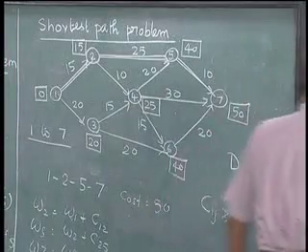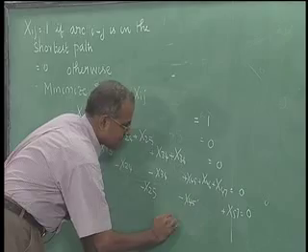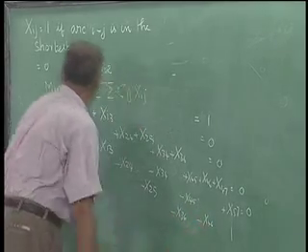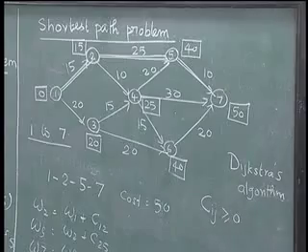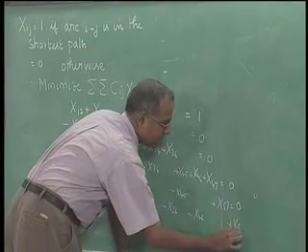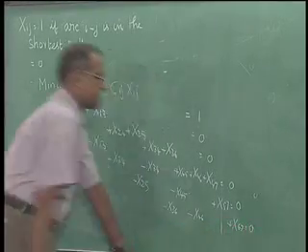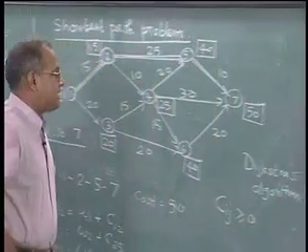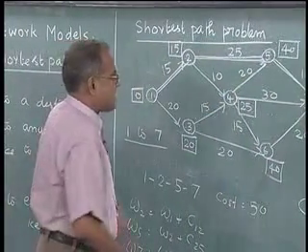Now, for 6, we get minus x36 minus x46 plus x67 equal to 0, and for 7 being the destination node, you have to reach 7.